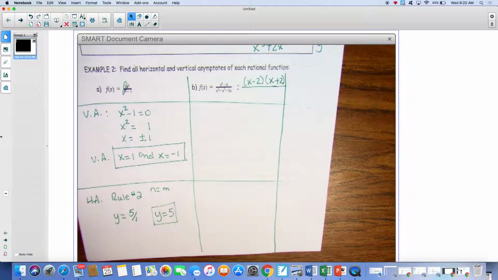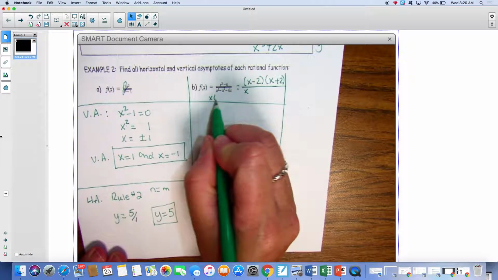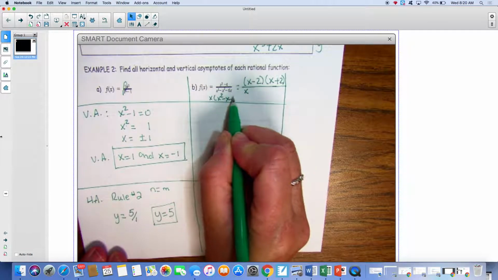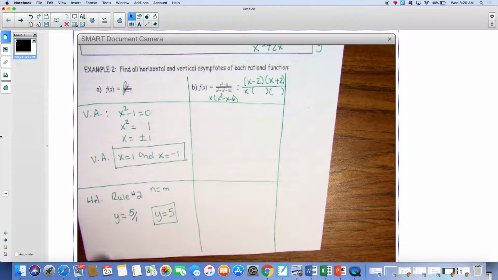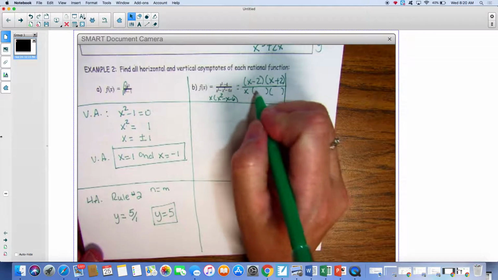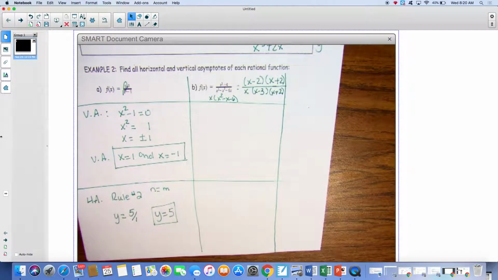The denominator has a GCF of x, right? So that's x squared minus x minus 6. And x squared minus x minus 6 factors to what? x minus 3, x plus 2.